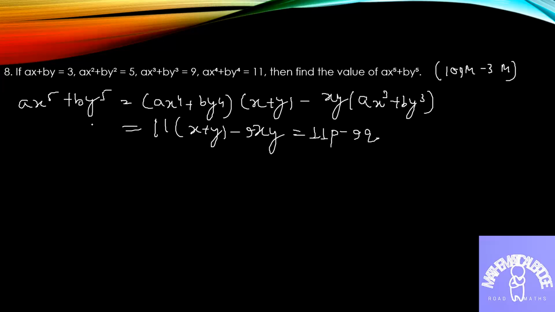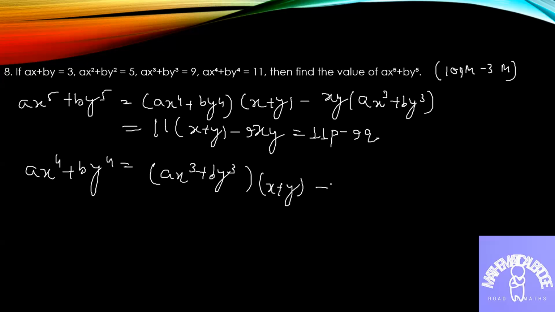Now ax4 plus by4 can be written as ax3 plus by3 times x plus y, minus xy times ax square plus by square, which is equal to 5. I am not writing it all the time, so it can be written as 9p minus 5q. Similarly, you can observe a pattern. It is decreasing by 2 in this case, and in the previous case it is decreasing by 4.